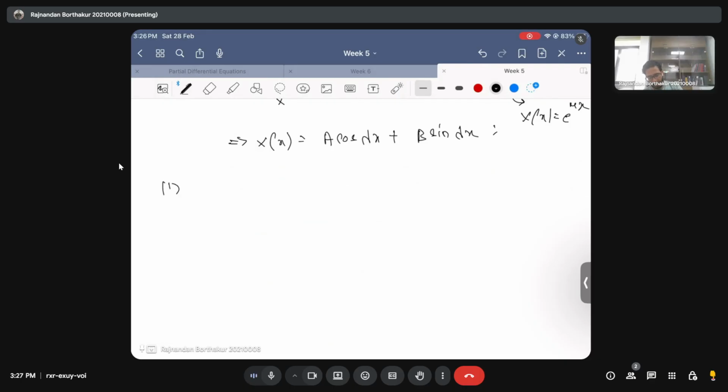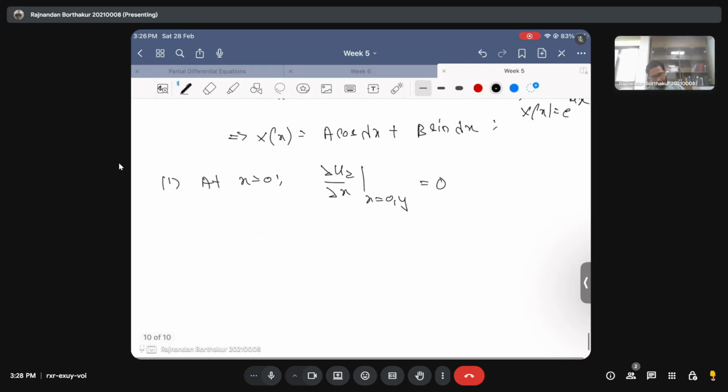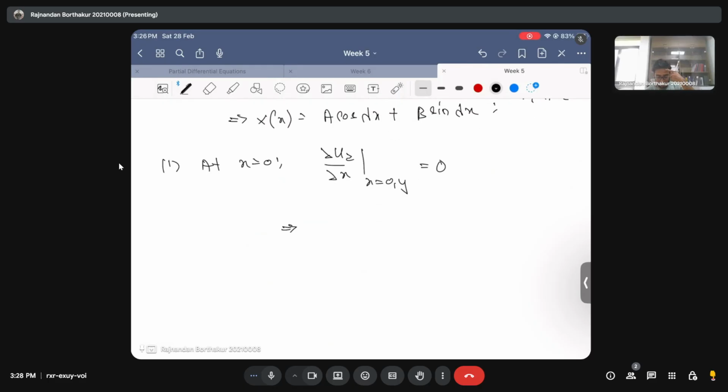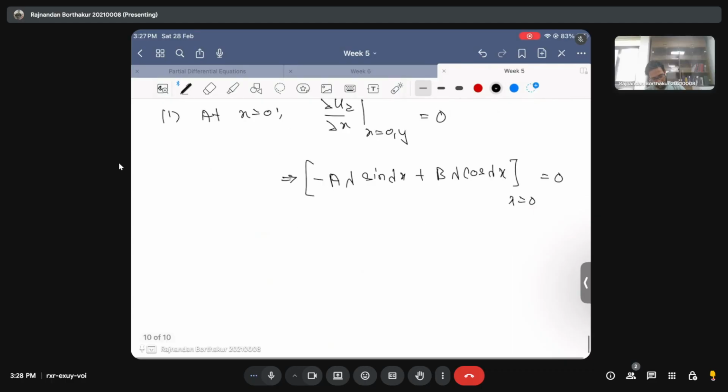First, I know that at x equal to 0, del u2 by del x evaluated at x equal to 0 for all y is 0, okay, which means we need to do the derivative, so this becomes minus a lambda sine lambda x plus b lambda cos lambda x, and then you need to use the fact that x is equal to 0 and this is 0.